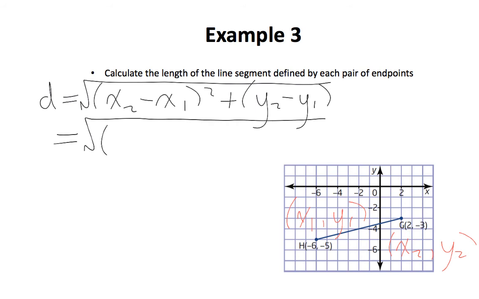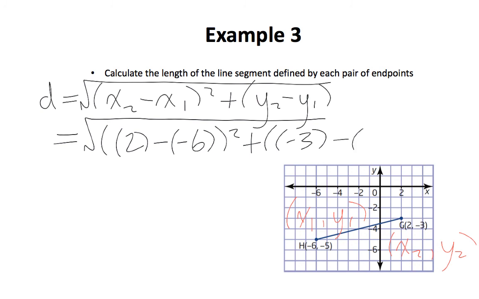Instead of writing x2, I'm going to write 2. And instead of writing x1, I'm going to write -6. Instead of writing y2, I'm going to write -3. And instead of writing y1, I'm going to write -5.